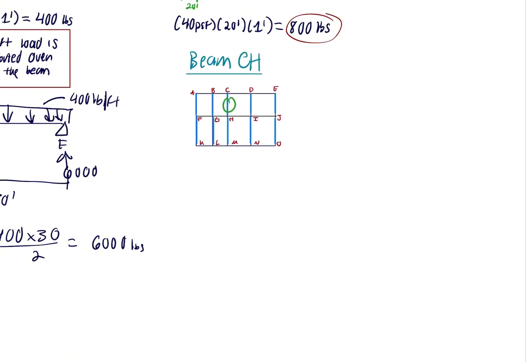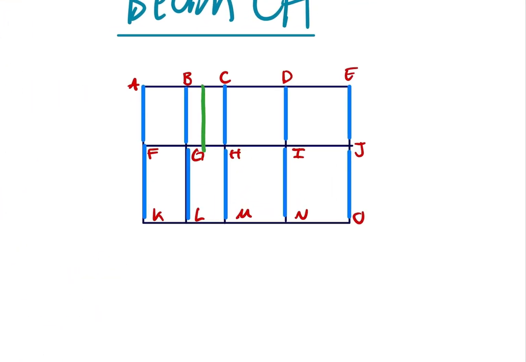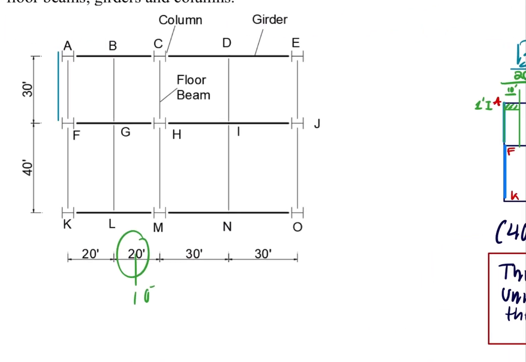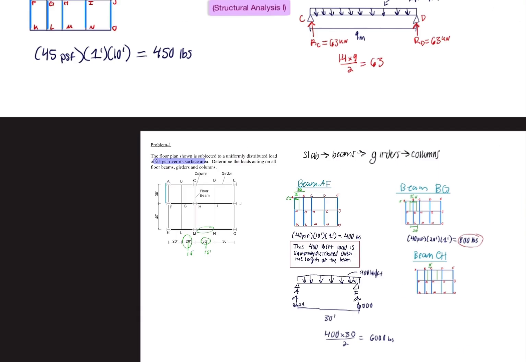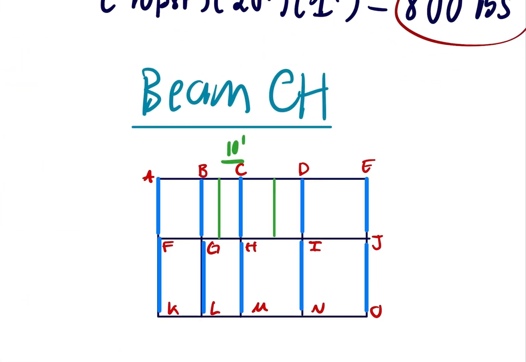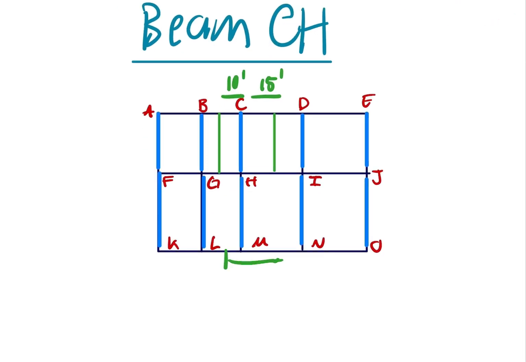This is beam CH. We will do the same. We will take half, which we know is 10 feet. We will take half of this, and as you can see in the picture, this whole length is 30 feet, so half of this will be 15 feet. So then we know that this length will be 25 feet.